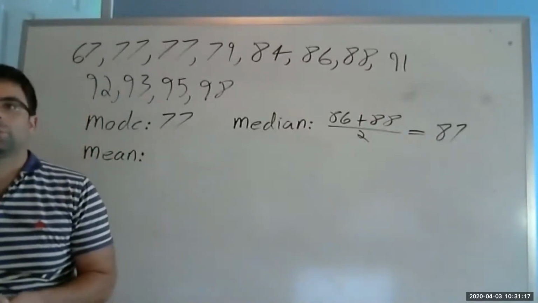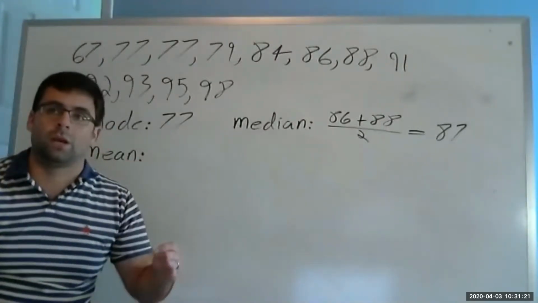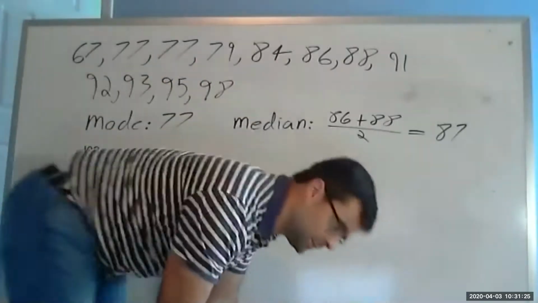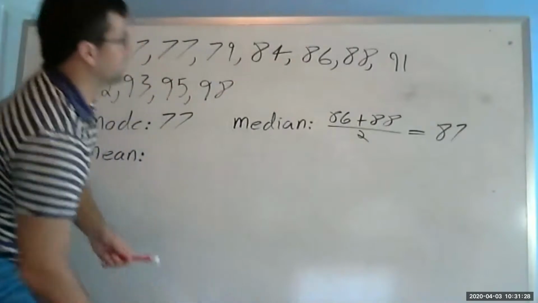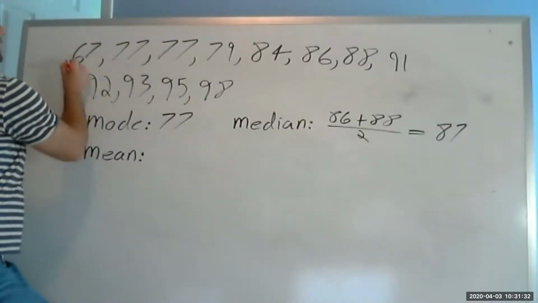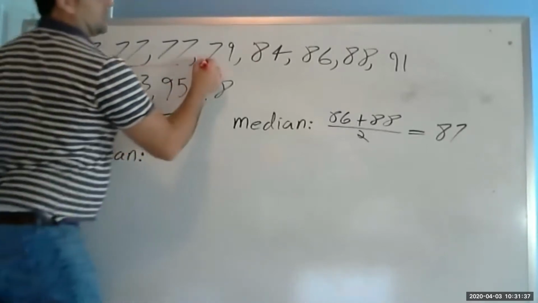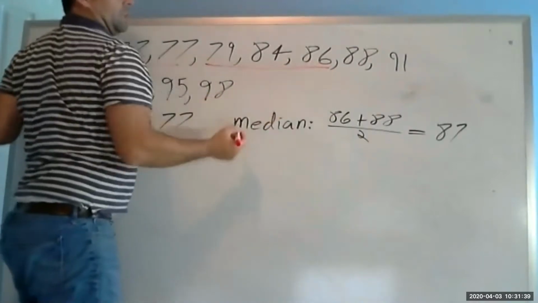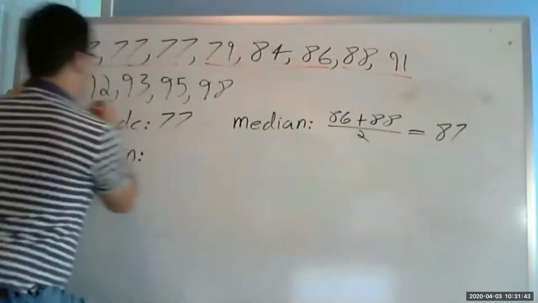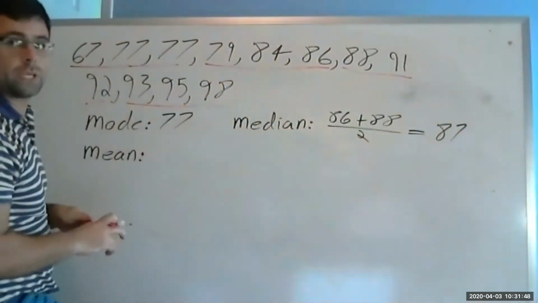But a quartile is, you can divide up a set of numbers into quarters. Once you arrange it like this, there are 12 numbers. The first quartile is the first 3 numbers, the second quartile is the next 3, then the third quartile and fourth quartile.